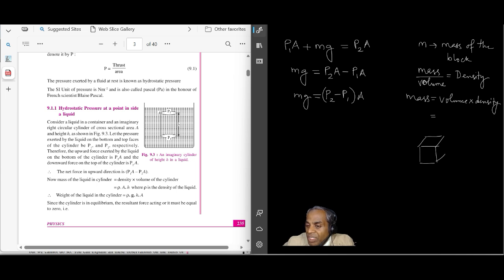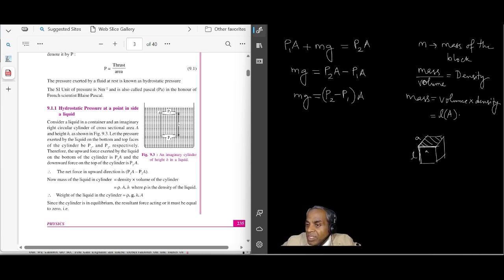In that figure it is a cylinder, whatever it is. It is L into B into H for a cuboid. In this case, B and H are the same, so it is L into A square, or we can simply say cross-sectional area multiplied by this length. That is the volume. So L multiplied by cross-sectional area A is the volume, and density we refer to with the Greek symbol rho. Density, kg per meter cube is the unit.